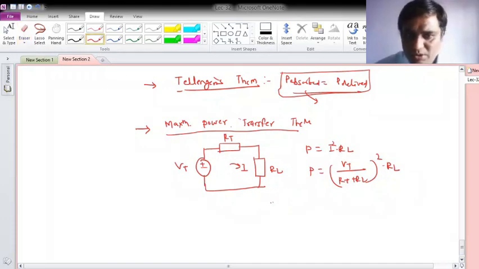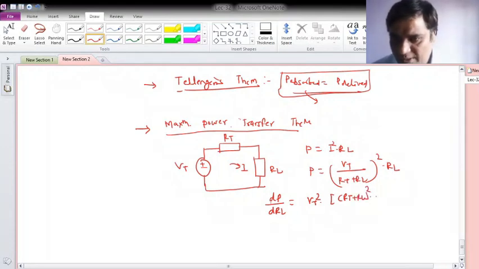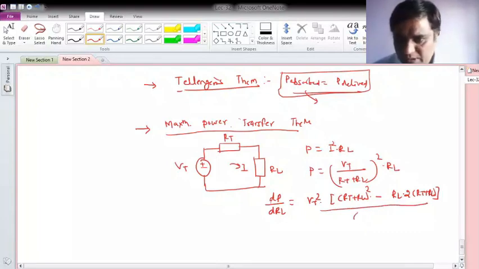So differentiate this with respect to RL, so it will be Vt square into second square, so Rt plus RL square into derivative of first minus first into derivative of second, divided by second function square, Rt plus RL square, and this has to be equal to 0.